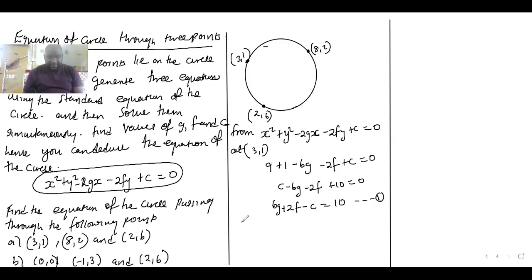Yes, Habib? Teacher, when they ask us to find the equation of the circle, is it okay if I just substitute and I get the answer directly? It is very okay, but if and only if you have the center and you have the radius. Those are the two main things you need.